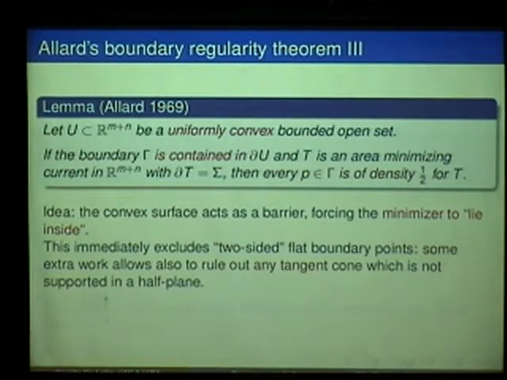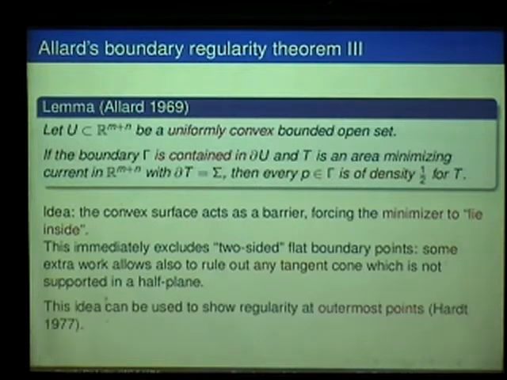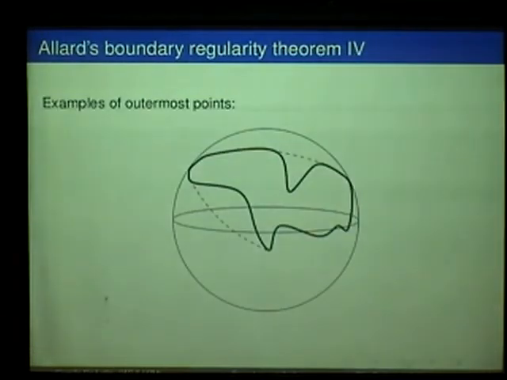Now, this is actually a local condition, and you can generalize it. With a paper by Hardt and Simon in 1977, you could use this argument to prove regularity at the outermost points if you are in Euclidean space. What do I mean by outermost points? There are points where you can have a sphere acting as a boundary.